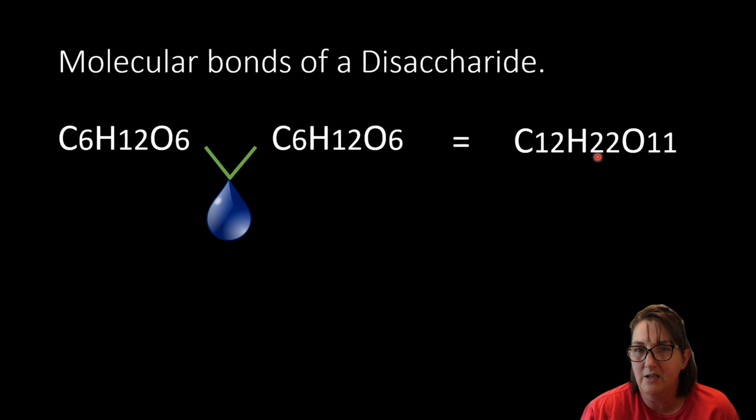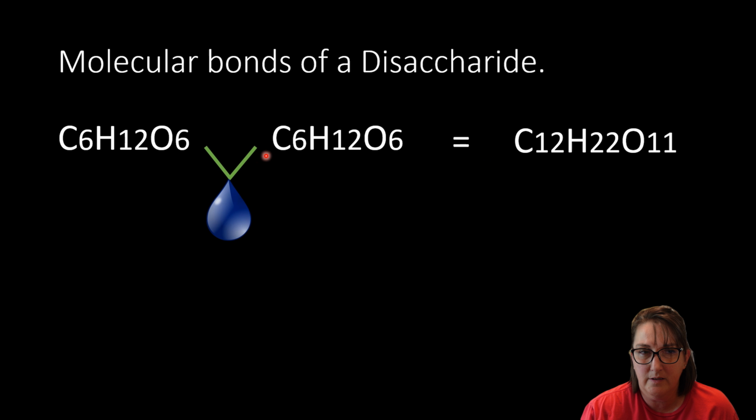I'm going to have C12H22O11. And this really gets students wound up, okay? They say, but it's not a 1-to-1 ratio. It started out 1-to-1 ratio. But what did I have to remove out of it?